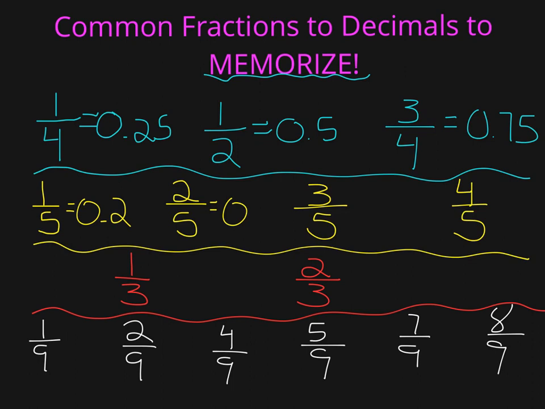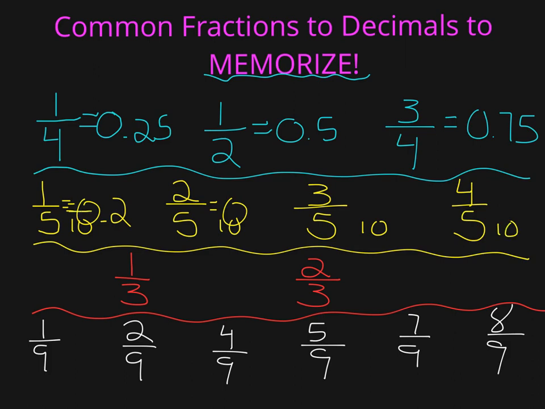All right, let's look at the fives: 1/5, 2/5, 3/5, and 4/5. These ones, if you think about rewriting them with a denominator of 10 instead of 5, well, to get 10, you would double that 5, right?